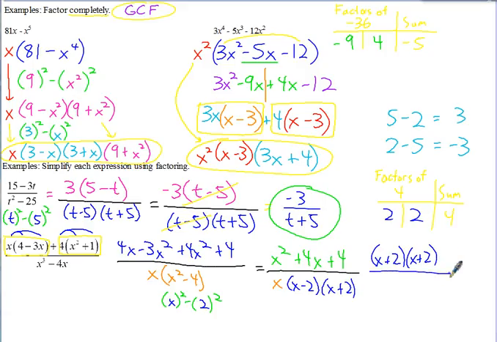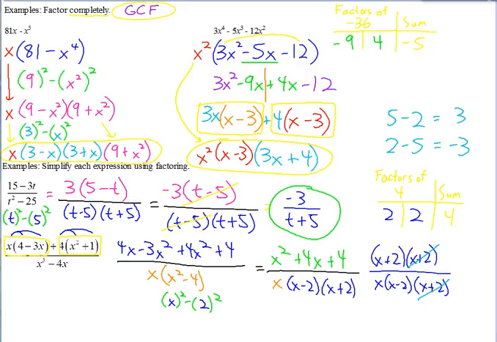And then in the denominator, we've got x, x minus 2, and x plus 2. So now they're both completely factored on the numerator and denominator. You can look for anything that reduces. You can see x plus 2 divided by x plus 2, that's just 1, so those reduce out. And that's it.